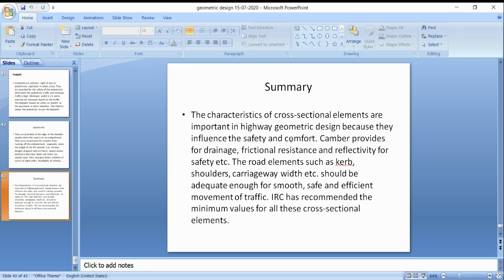And we have seen about the footpath and the parking lane also. Why are we providing parking lanes?